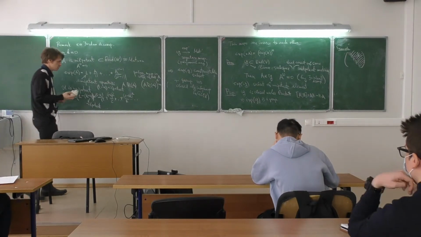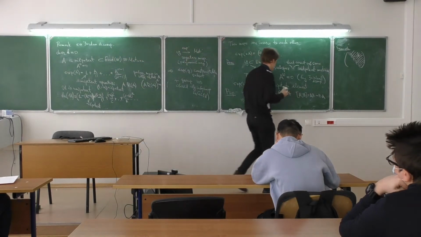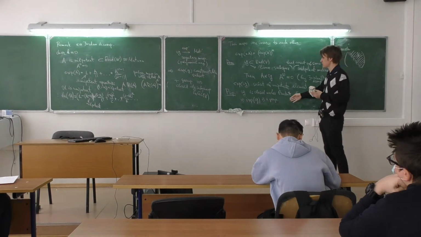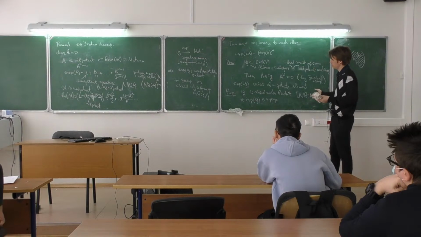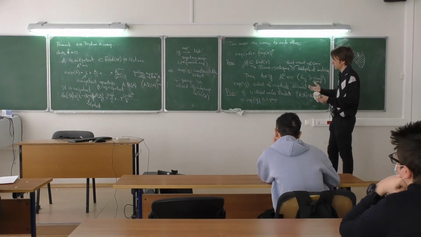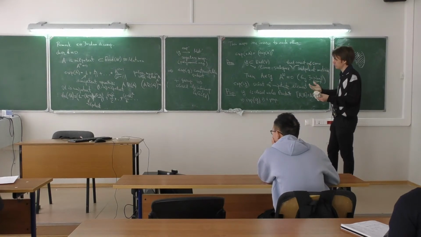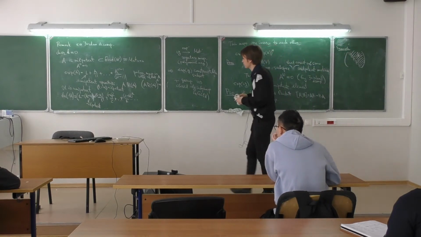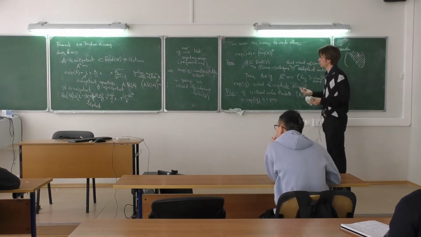So this proposition is not so trivial, but you see that this is how the exponent works. It gives you the corresponding bijection between the elements of the Lie algebra and the elements of the group.